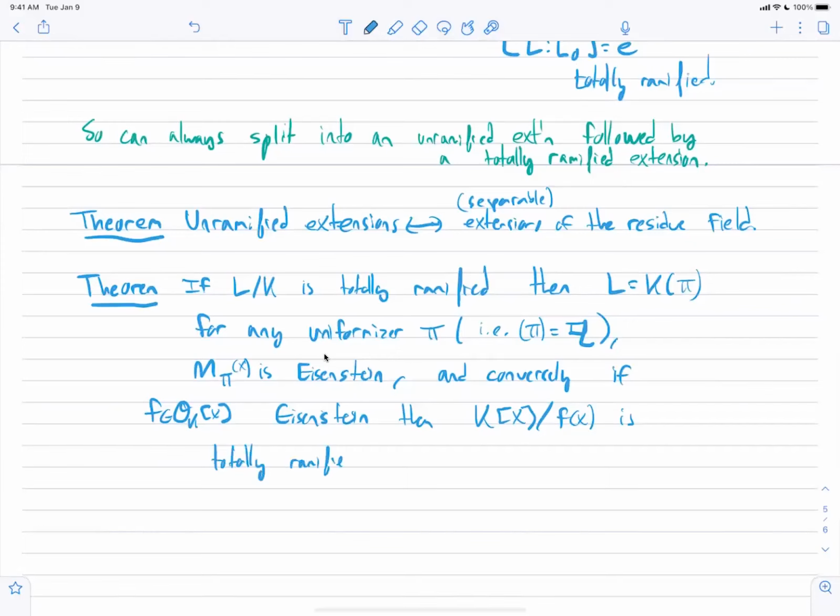So in particular, f is irreducible. And the root x bar, which just means the image of x in here, a root of f, is the uniformizer.